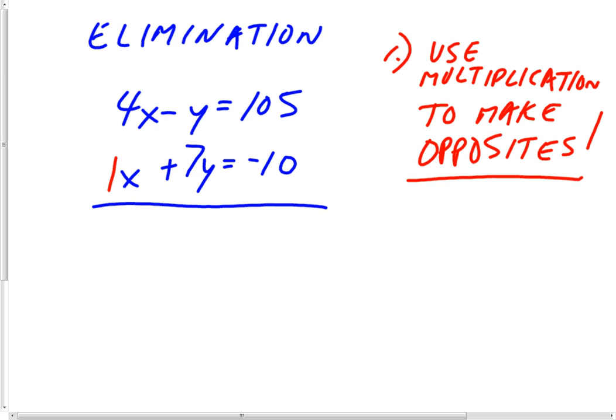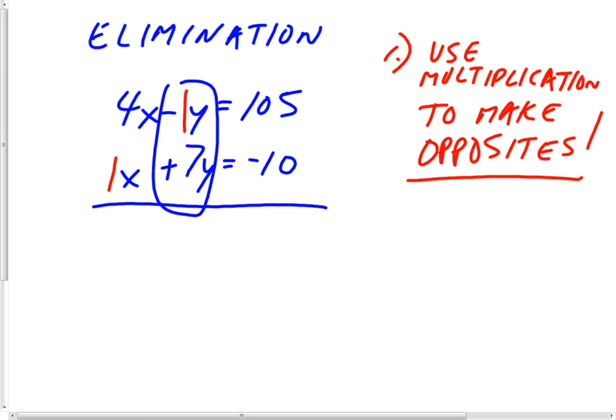Is 4 the opposite of 1? Is -1 the opposite of positive 7? No. But is a positive the opposite of a negative? So I'm going to focus on this. I could deal with the 4 and the 1 if I wanted to, but I'm seeing that that's a subtraction and that's a plus, so it's already sort of an opposite.